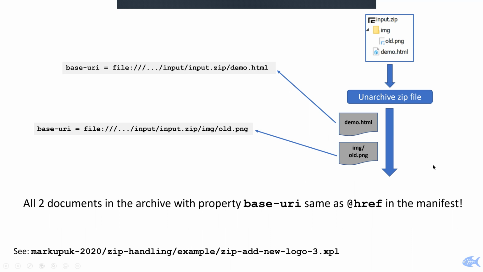For this, there is a p-unarchive step. What flows out of the unarchive step, if you don't give it any filters, which I won't, are all the files in the zip file, and what's important, the base URI property of the file is equal to what you saw in the href attribute in the manifest. Okay, let's see how that looks in code.